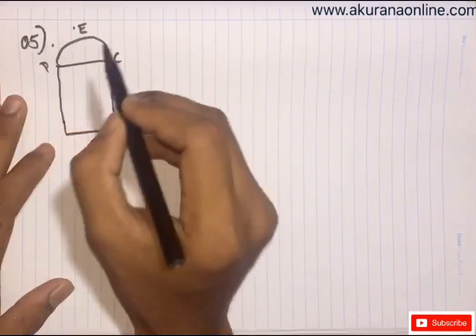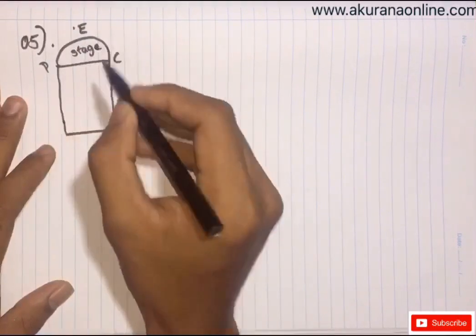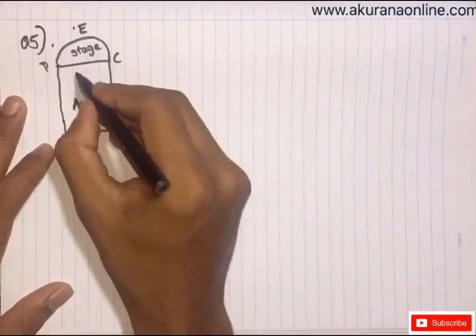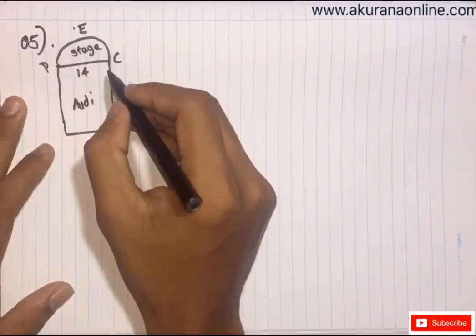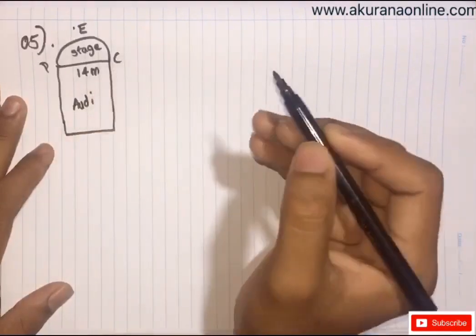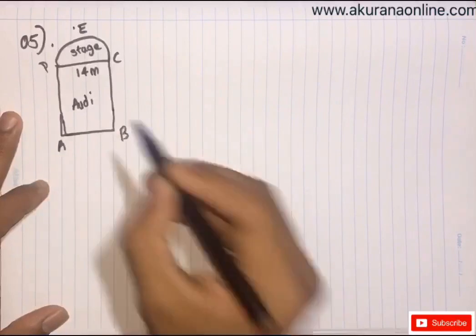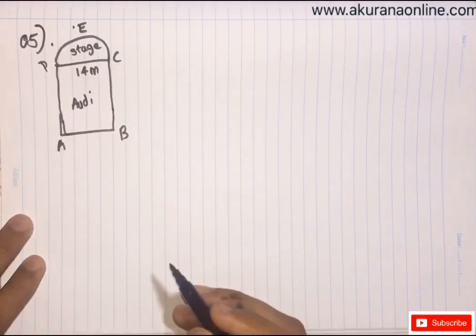This is DC. This is the stage. This is the auditorium. Think of a normal auditorium. And this length DC is equal to 14 meters. Mention the units always. This is AB. Now they have said to use pi as 22 over 7.